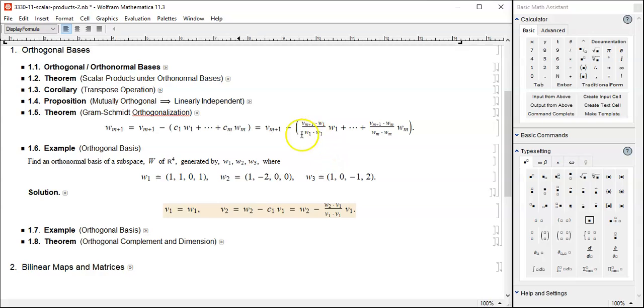You see what I just did? I switched V and W, by necessity.